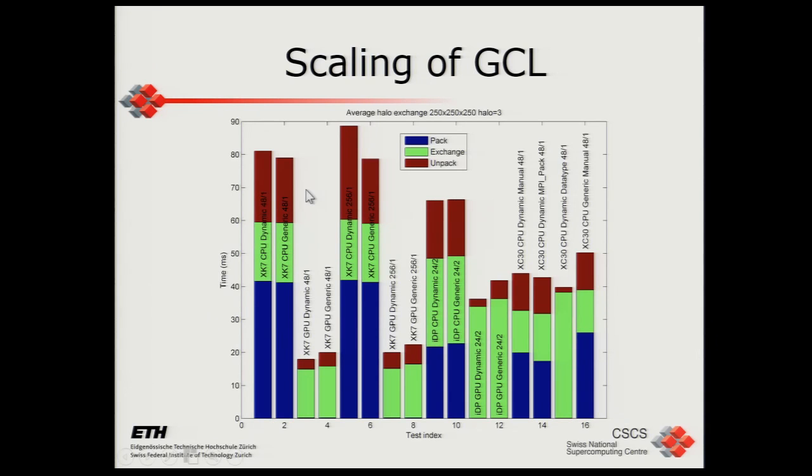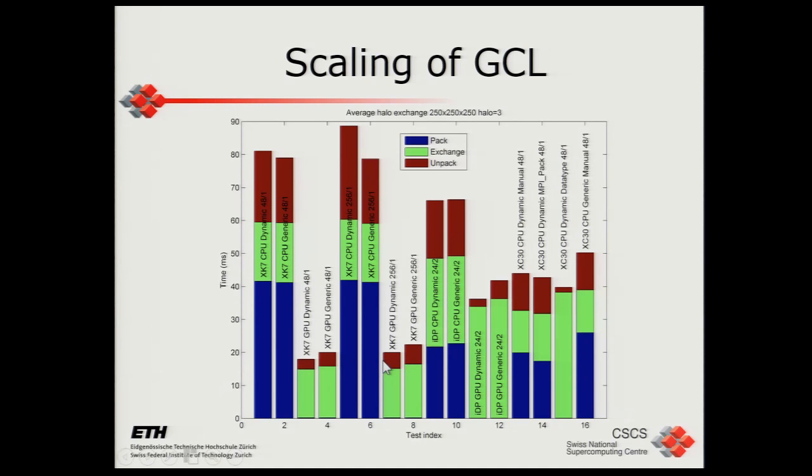When we move to 256 processors and 1 per node, we can see that GCL scales quite well. And again, packing and unpacking time are much larger than the communication time. Also on the GPU, scalability is quite good.